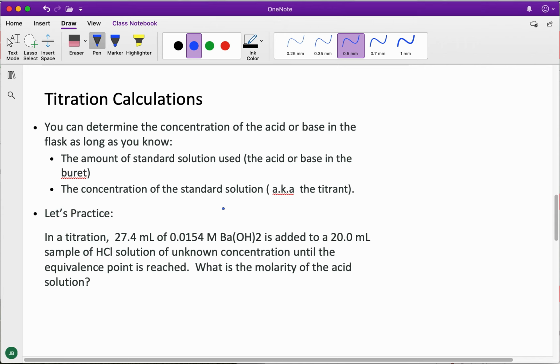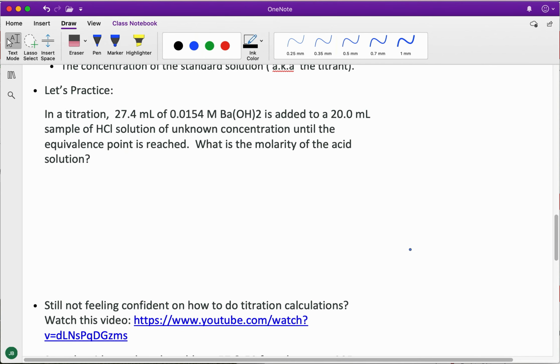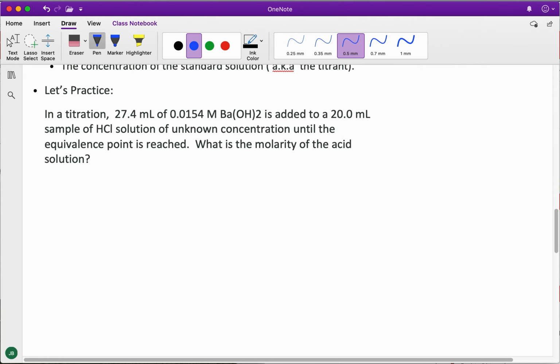That is the acid or the base that's in the burette. And you also need to know the concentration of the standard solution. Sometimes the standard solution can also be called the titrant. So let's go ahead and try out a problem. Okay, so let's try this out.